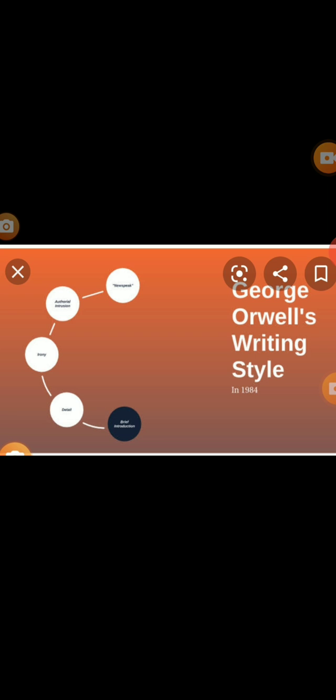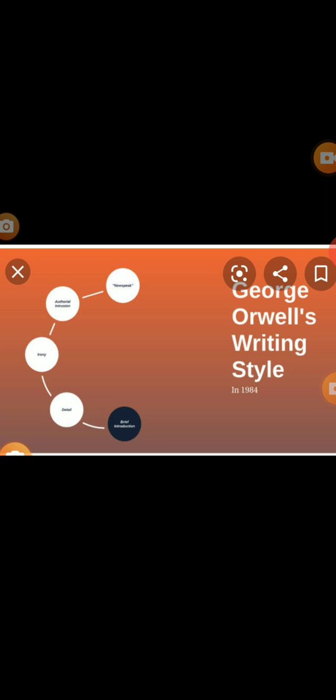In 1984, language is extremely restricted, making it very difficult for people to put their thoughts into words. By extension, the government can manipulate the very thoughts people have.